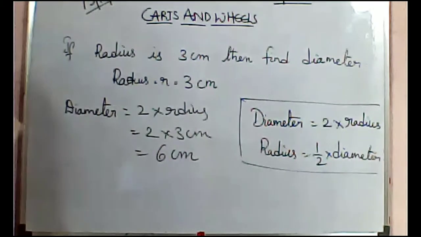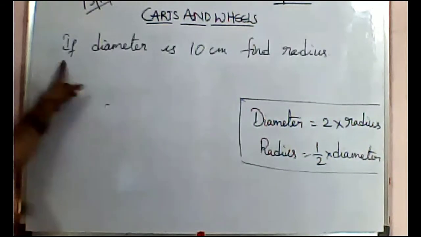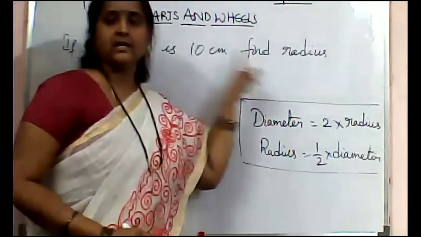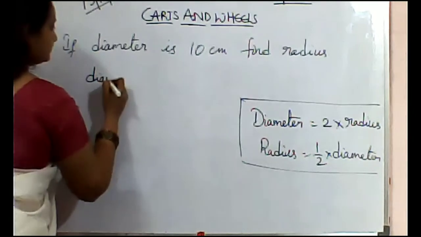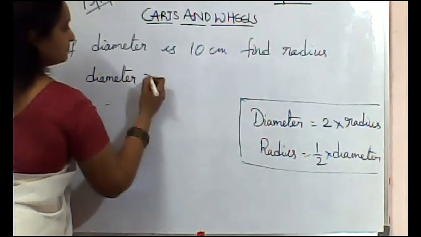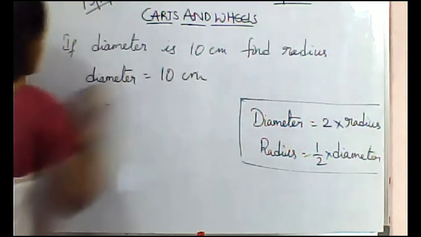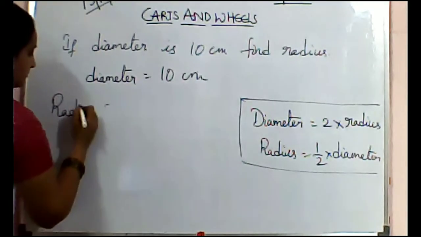These are all things we learned in the previous class. If the diameter is 10 centimeters, then find the radius. So the diameter is given as 10 centimeters. Now we need to find the radius.